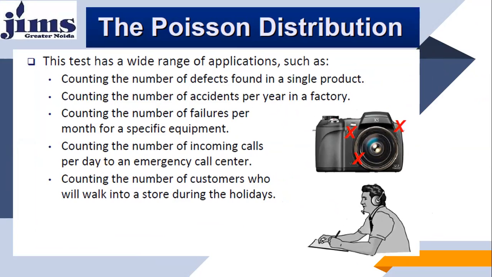Fourth, counting the number of incoming calls per day to an emergency call center. And fifth, counting the number of customers who will walk into a store during the holidays. So these are a few examples of the Poisson distribution. These are the experiments that you perform under the Poisson distribution and calculate the Poisson probability.